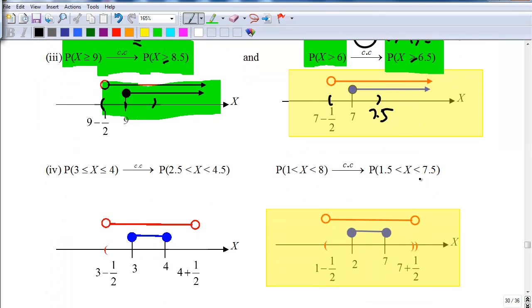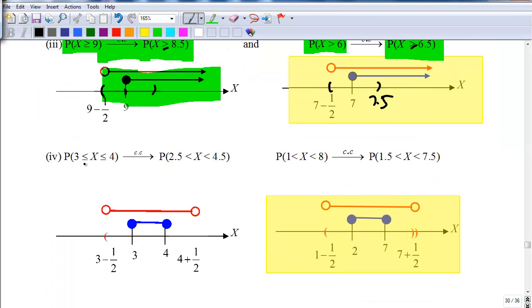More examples. I'm looking for the probability of x between 3 and 4, including 3 and 4. Again, I'll write down what numbers I need. I need 3 and I need 4. I look at the number 3 first. The number 3 is here.